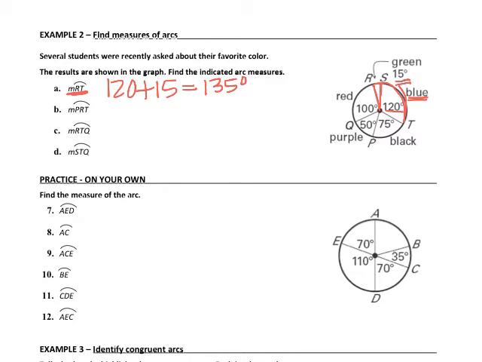And for part B, it's asking us to find the measure of arc PRT. Now that could be a semicircle or it could be a major arc. We have to start on P, so put your pencil on P, and we have to go through R, and then we're going to land on T. Whatever we don't cover with our pencil is what we can subtract from 360.